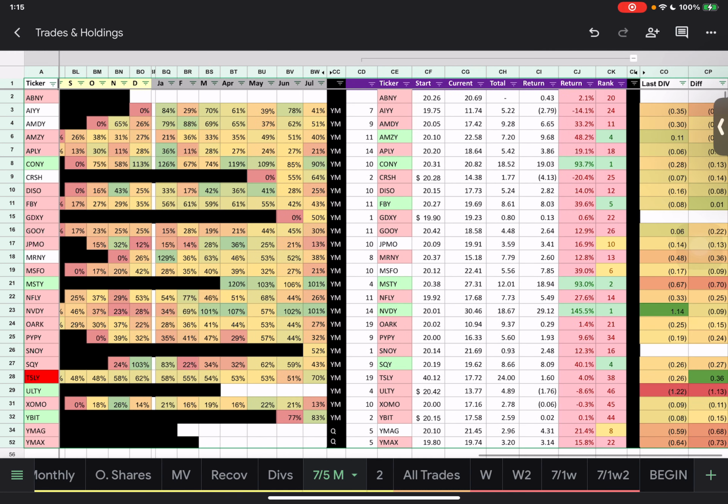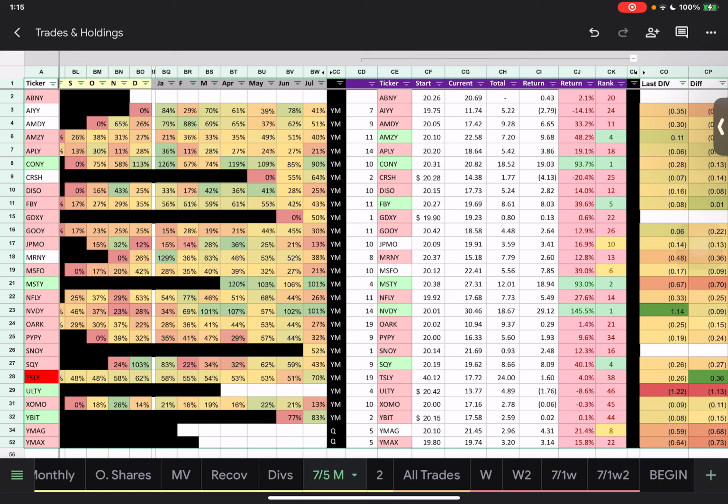So then we go to the end here where we're trying to see, overall, if we were looking at the stock price and the distributions, trying to look at that total return. So let's just look at, we won't look at the first line because Abney hasn't paid a distribution yet. But if we look at AIYY, the first line, it's paid here, it looks like 7 months. The stock price started at $19.75 when it opened. It's currently $11.74.